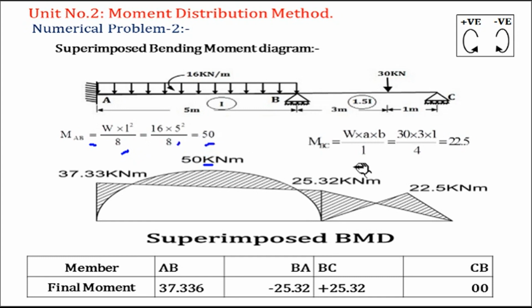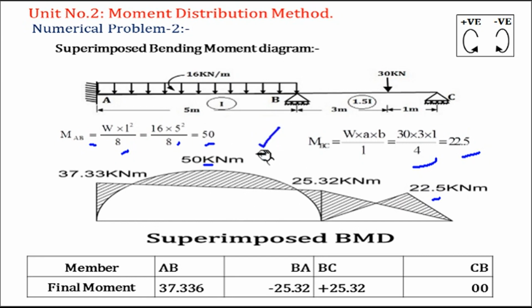For BC member, it is WAB by L. So 30 into 3 into 1 divided by 4 is equal to 22.5. So shown here 22.5 kilonewton meter. And for point load, draw the line. For UDL, draw the parabola.